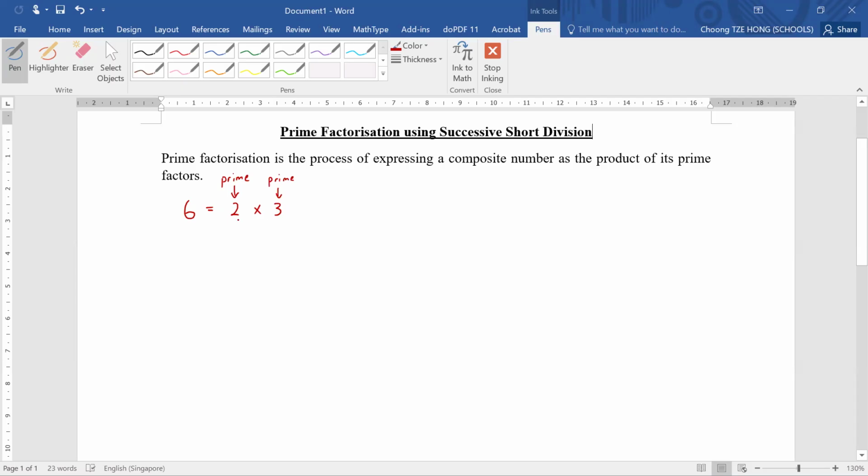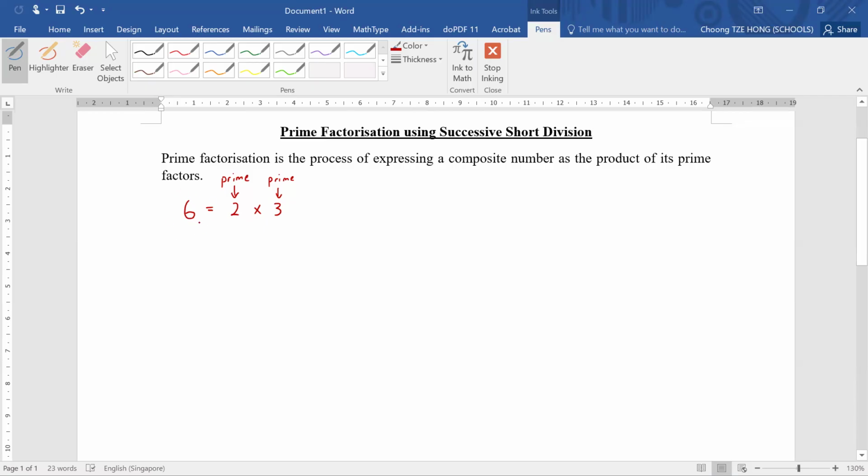So what we have done when we express 6 as 2 times 3 is we have prime factorized the number 6.